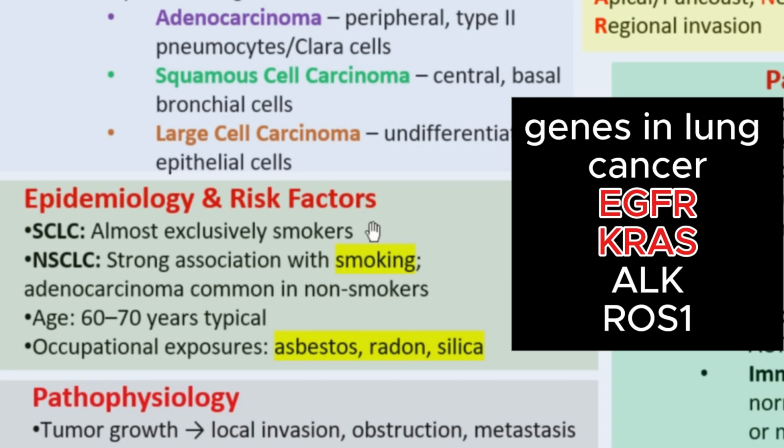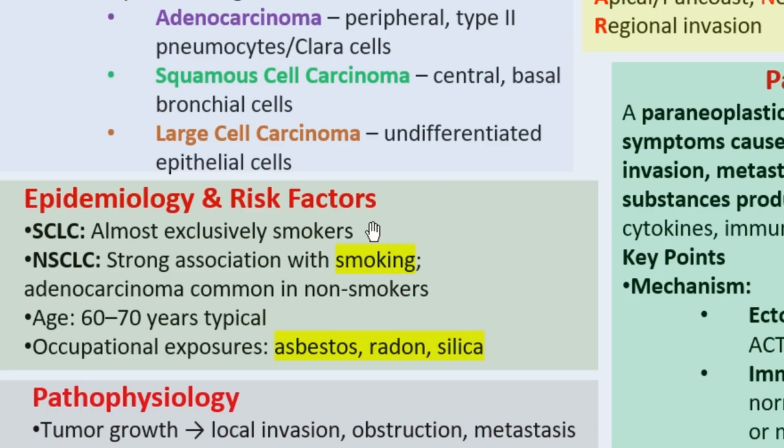I'll put for you a list of the genes that are implicated in non-small cell lung cancer on the side. Then we have age, whereby ages that are upward, like 60 and above, are going to be typical. And this is because these people have been exposed to the carcinogens for quite a longer period of time. So it's no surprise that they eventually succumb to the problem.